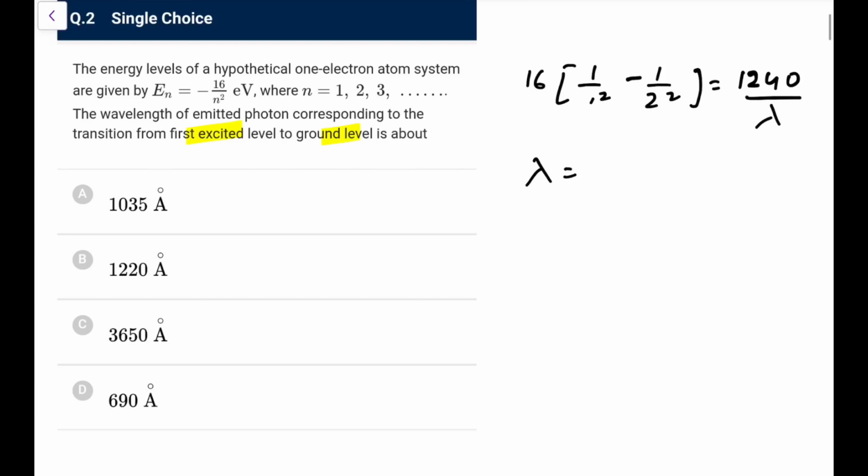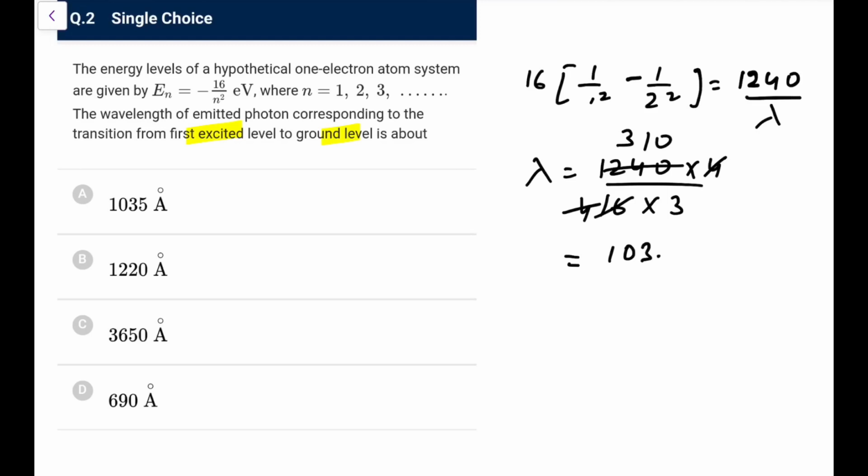So lambda would be 1240 upon 16 into 3 by 4, which is 310 divided by 3, that is 103.33 nanometer, or approximately 1035 angstrom. Go for option A in this particular case.